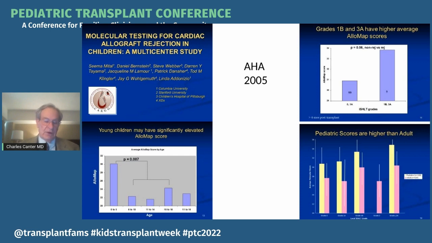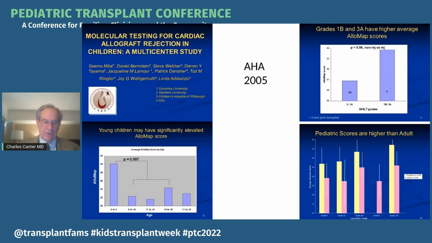So overall, the threshold criteria for showing the absence of rejection changed apparently for children compared to adults, which meant that the criteria being used to exclude rejection from AlloMap were not all that relevant to children, because the expression of the genes was different in children than adults.